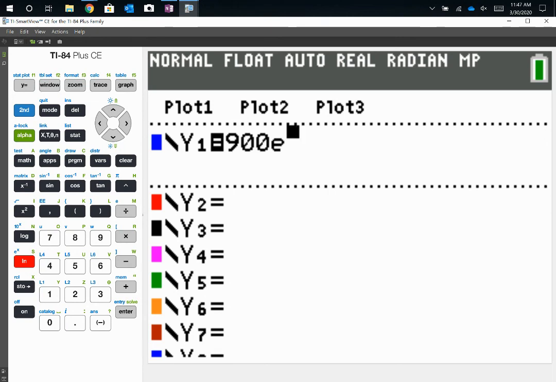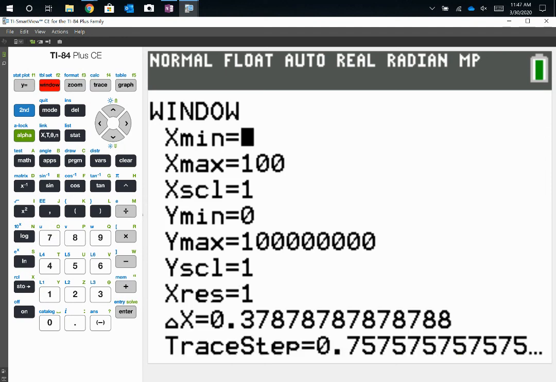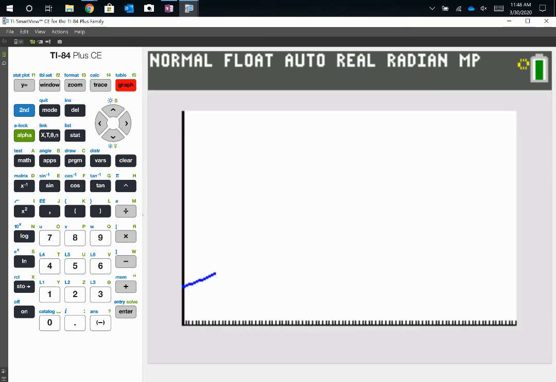You probably want to mess with the window here a little bit. Remember, we had times in days, maybe 100 days is fine. Maybe our insect population was about 1350, so maybe 5,000. Then you can see the steady climb of the graph.